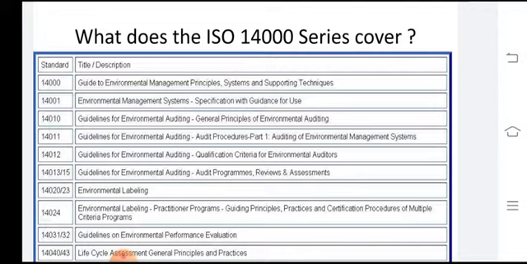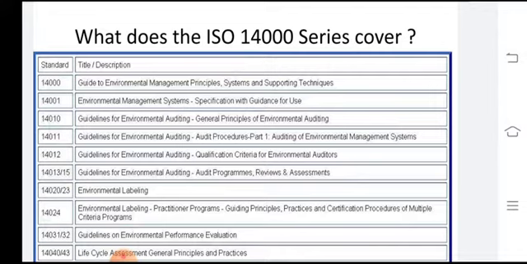Furthermore, there is some detailed description about environmental auditing, about the audit procedures, in 14011. We have 14012, again related to environmental auditing, but it covers the qualification criteria for environmental auditors.